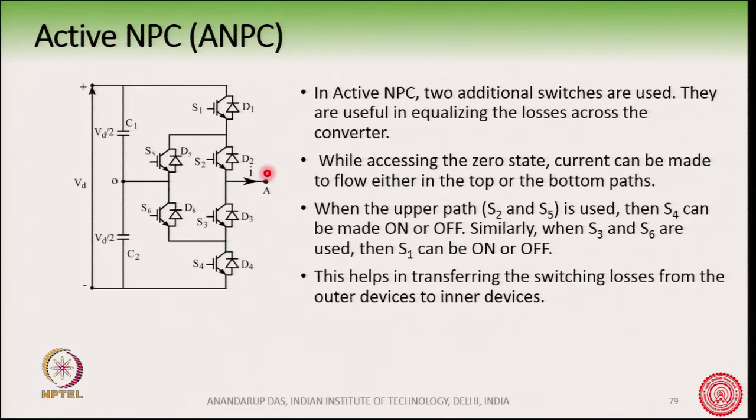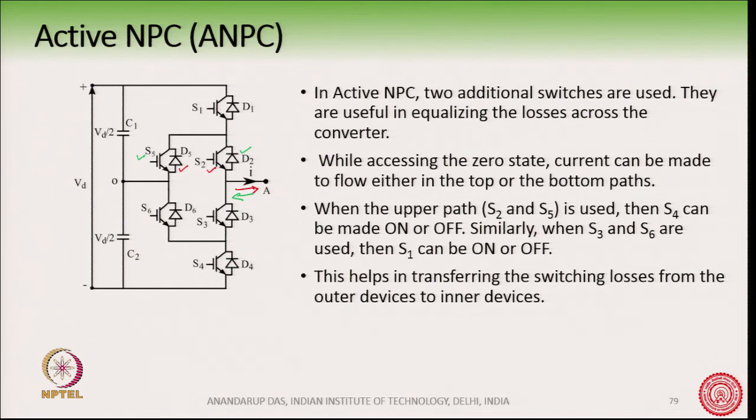Then if the current is going out, the current can flow through D5 and S2. And if the current is the other way, that is coming in, then D2 and S5 can be conducting.